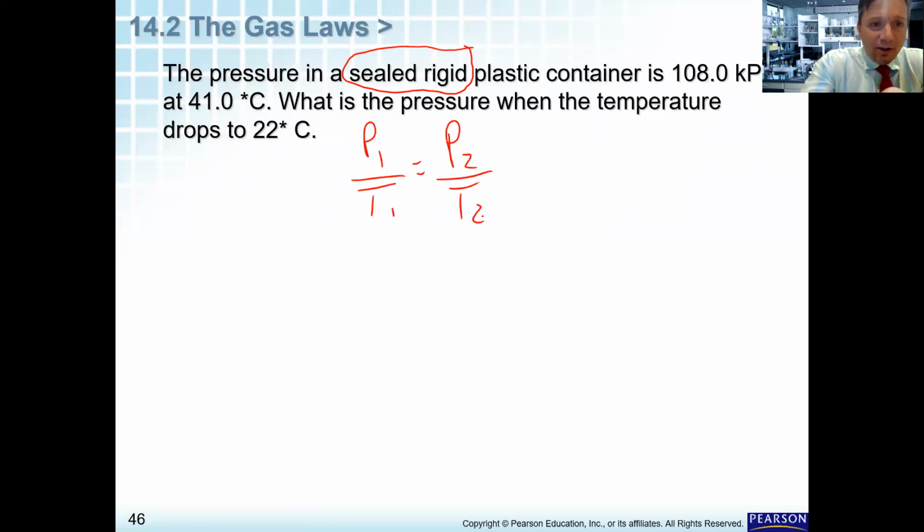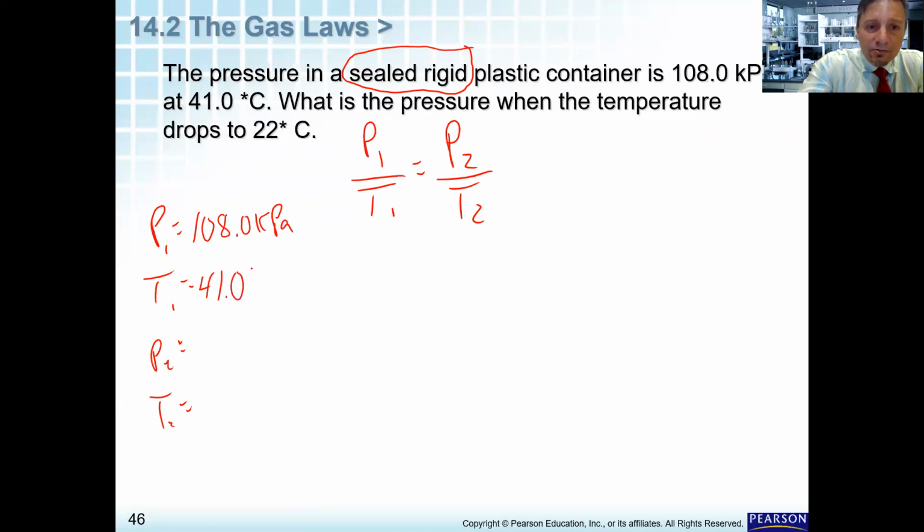So I'm going to write down all of my variables: P1, T1, P2, T2. My pressure 1 is 108.0 kilopascals. My temperature is 41.0 degrees Celsius plus 273. I just try to get that done with. 273 plus 41, so I have 314 Kelvin.